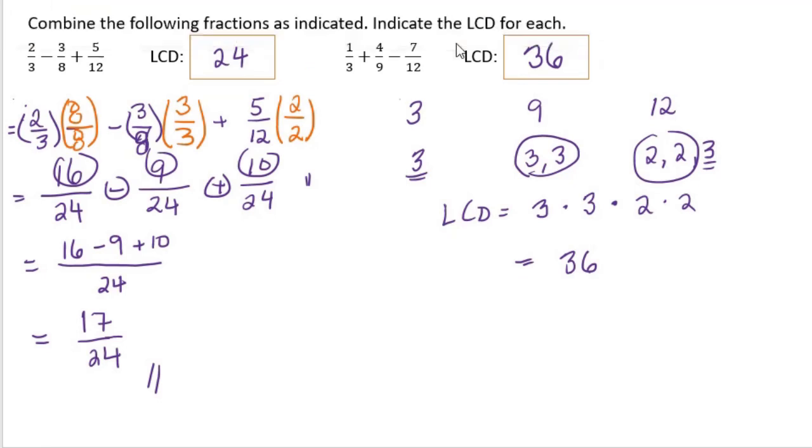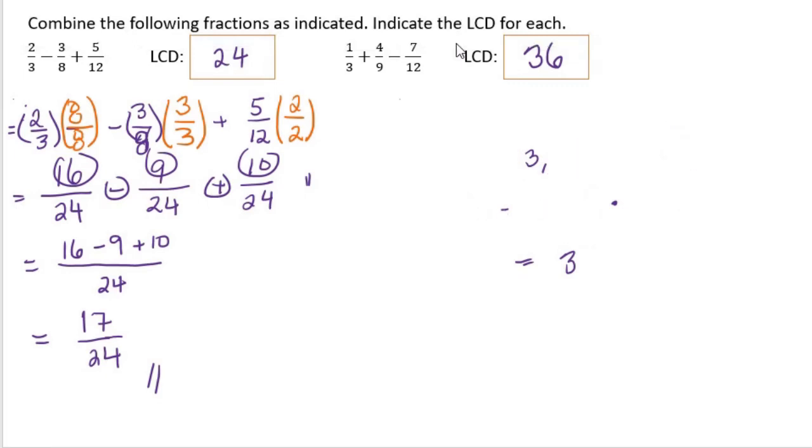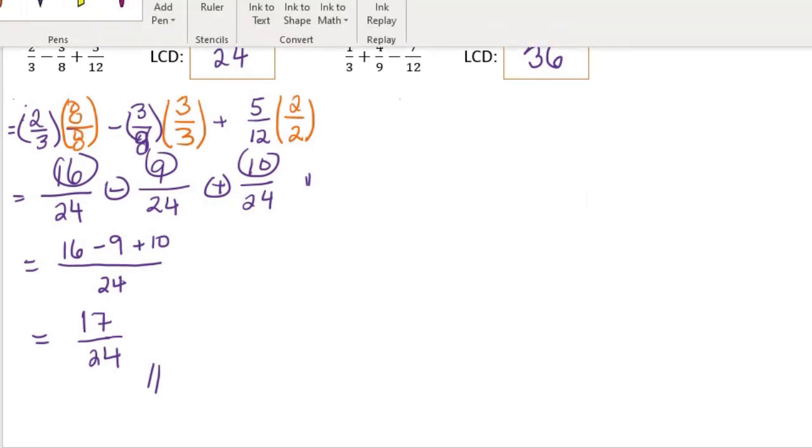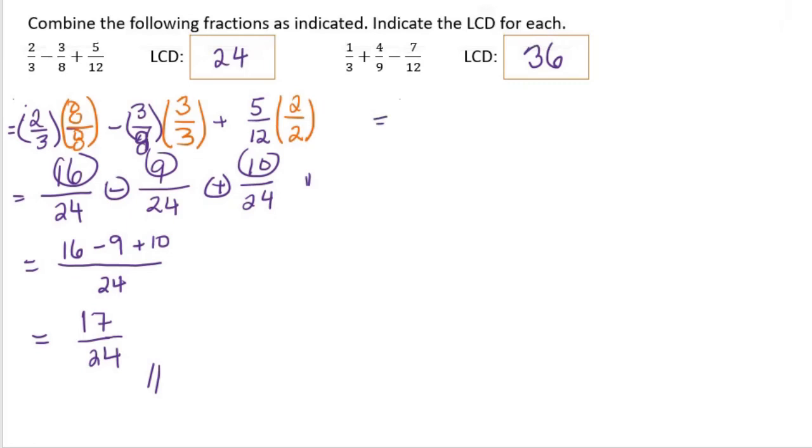All right, what's our next step? We found the LCD, and we're looking to add and subtract these fractions using the LCD. So our next task is to write equivalent fractions for 1/3, 4/9, and 7/12, all with that same denominator. So I'll set it up quite quickly for us.